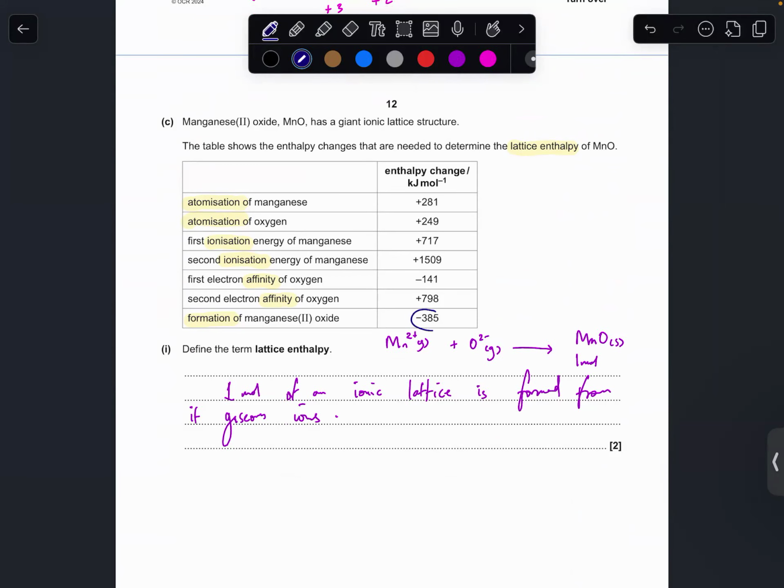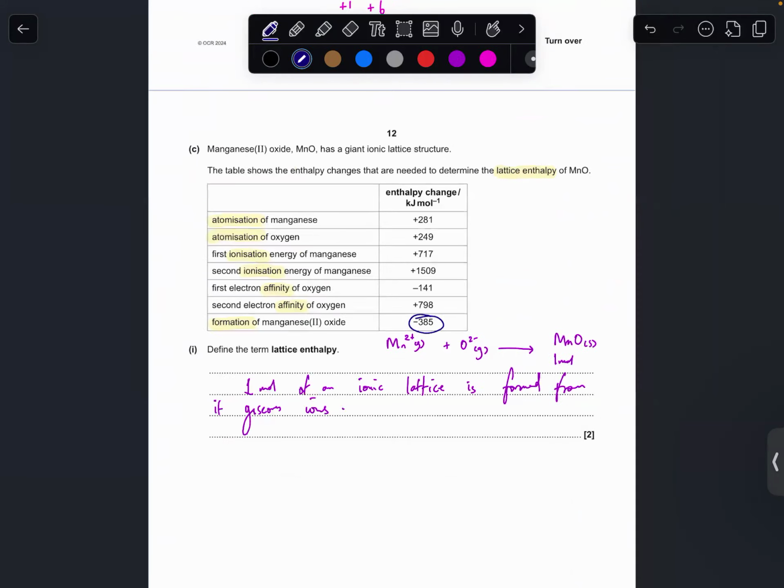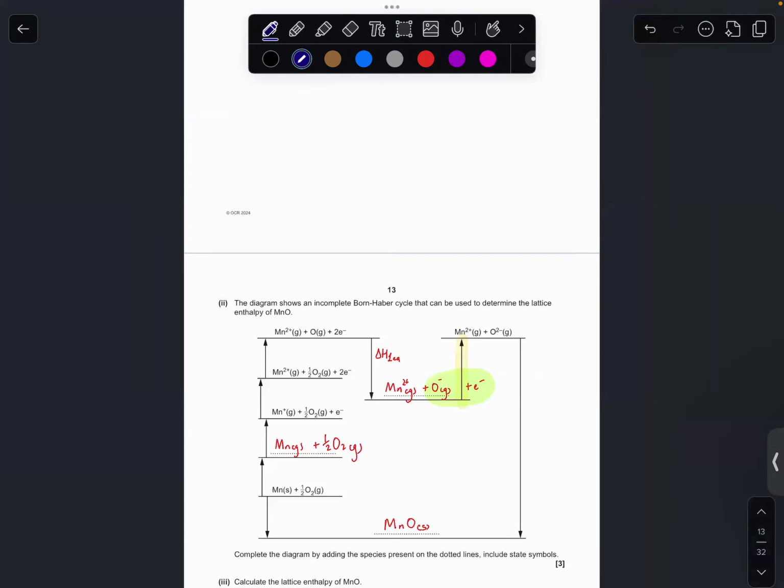It's over here. Let's do this. And let's just double check that there's no big numbers anywhere. Atomization is where 1 mole of gaseous atoms is formed from its element. So we don't need to worry about the half.